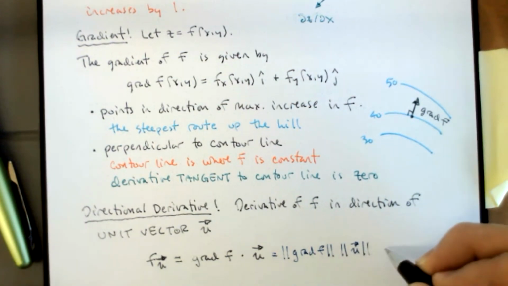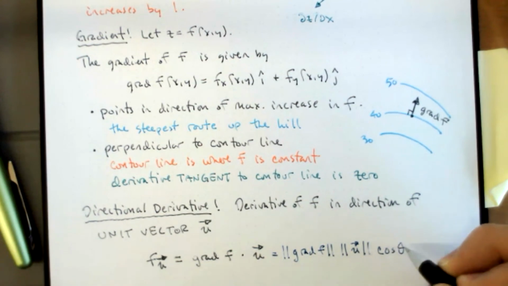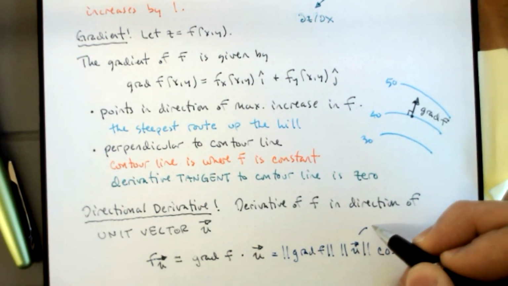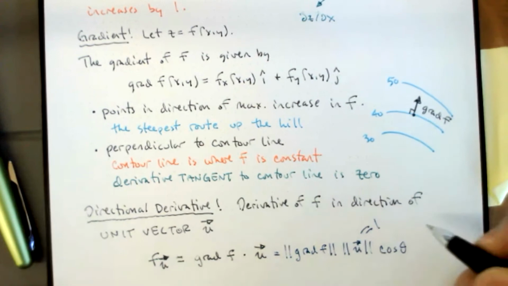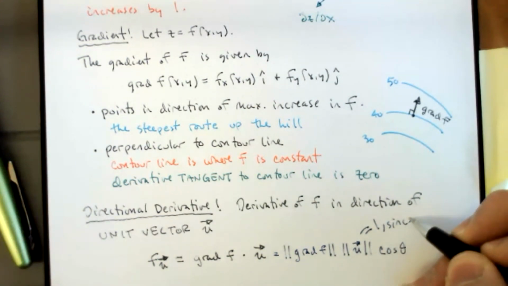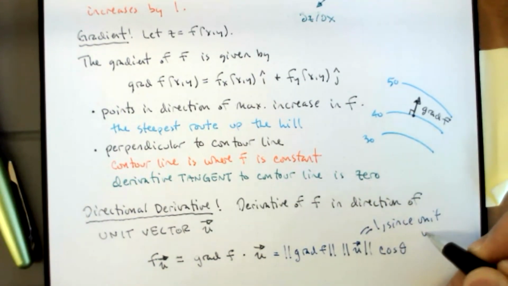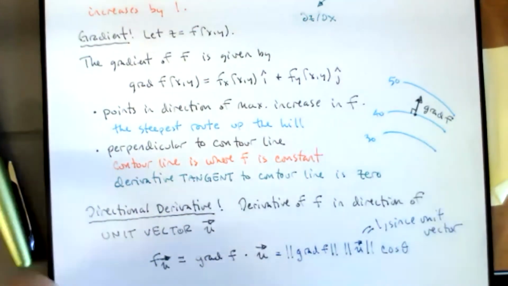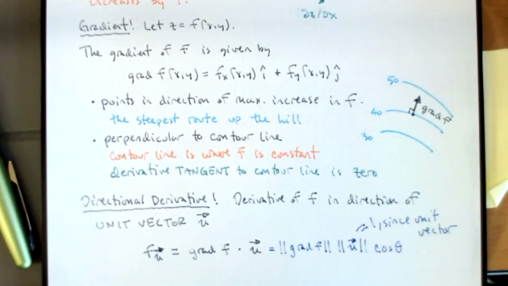Since u is a unit vector, that's going to be 1 times the cosine of theta. So the derivative of f in the direction of unit vector u is the gradient dot the unit vector, which is also calculated as the magnitude of the gradient multiplied by the magnitude of the unit vector multiplied by the cosine of the angle in between those two vectors.